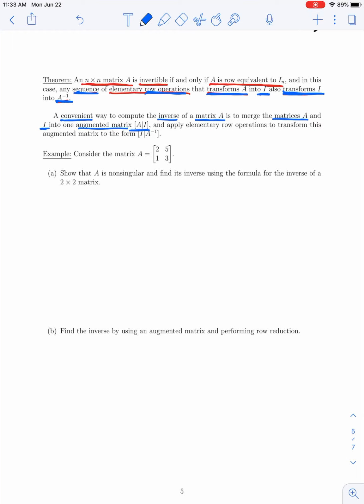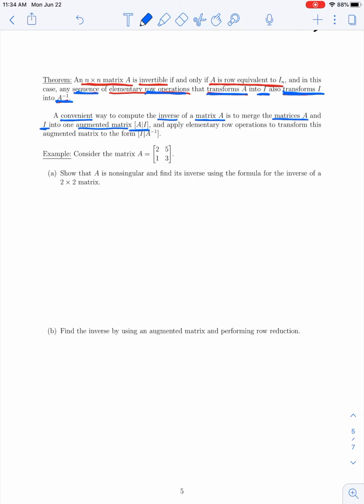I believe in your textbook they omit that vertical bar in the middle. As we saw with augmented matrices in chapter 1, it's beneficial to write that vertical bar to help you distinguish which matrix is A and which one is I. That's notationally a little easier.